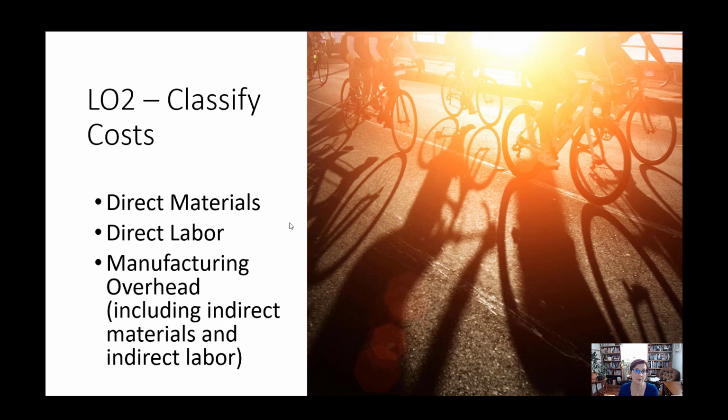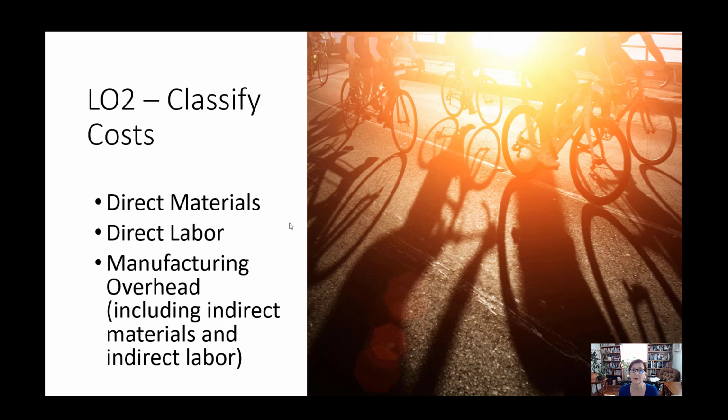So an indirect material is a material that we use to make the product, but that is not easily traceable. So on a bicycle, a good example would be grease, because they're going to be putting grease, say, in the hubs, and the grease that goes in there is not easily traceable, right? You don't know exactly how much you're putting in, and it's hard to put a price on that.